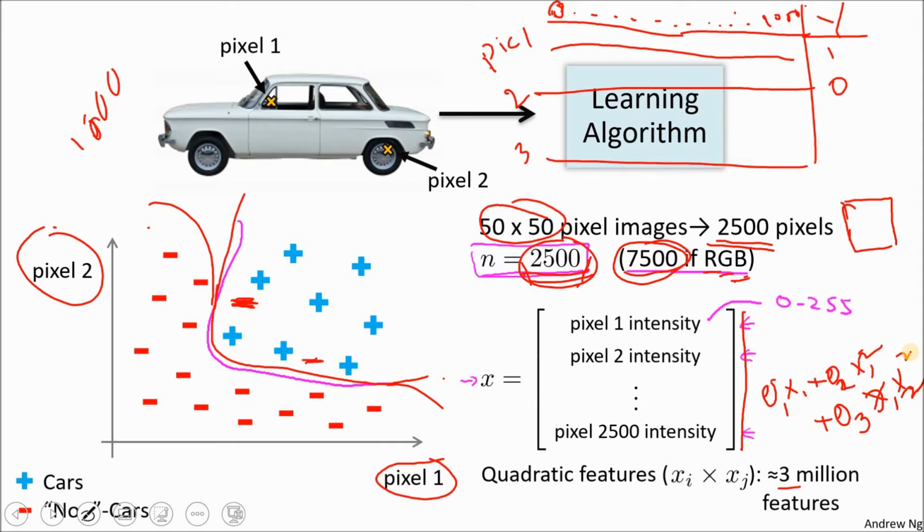So there can be so many combinations possible. On average, if you have 2500 pixels or 2500 features, you can multiply one coefficient with all other coefficients, and you can have up to 3 million features. So you can see, just imagine how quickly these things become too complex.